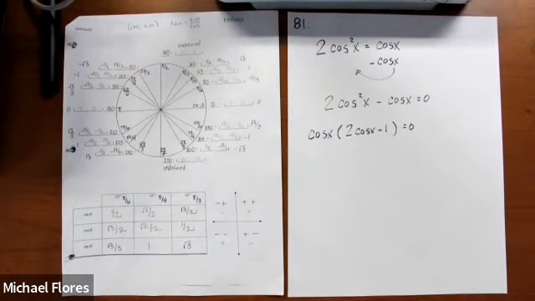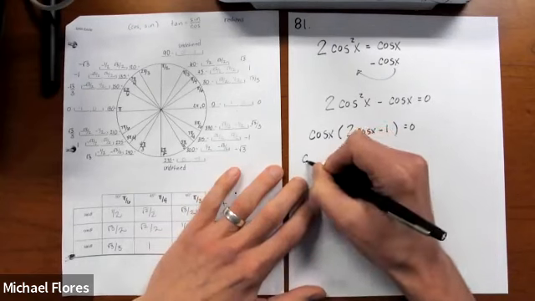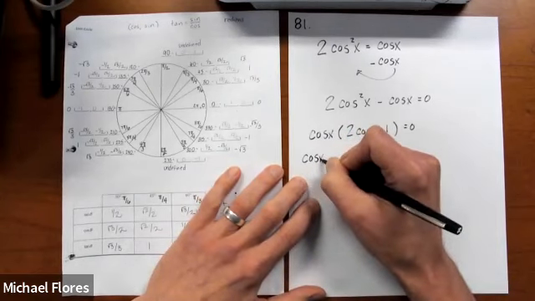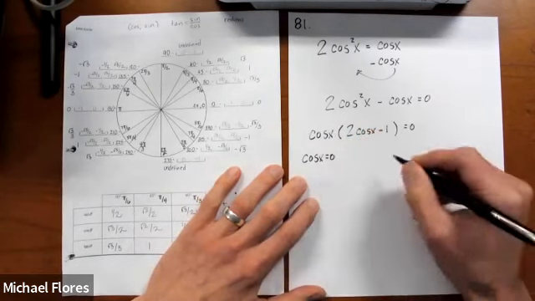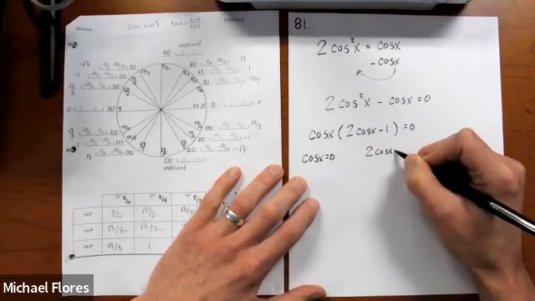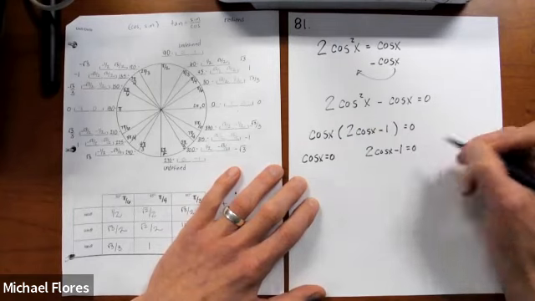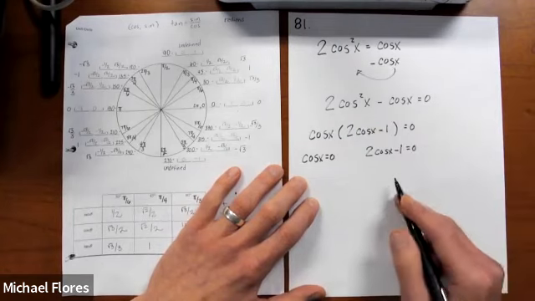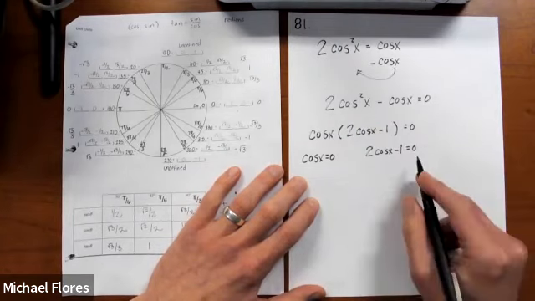Then set both those factors equal to 0 and solve. This one we would need to add 1 and divide by 2.